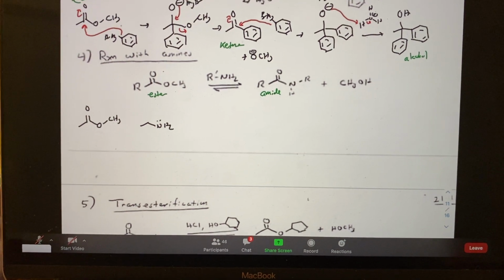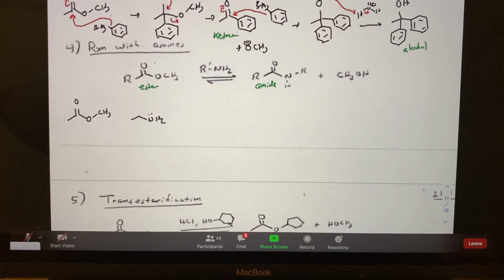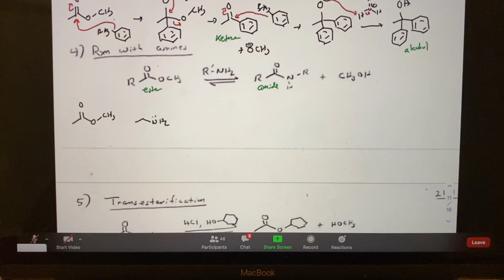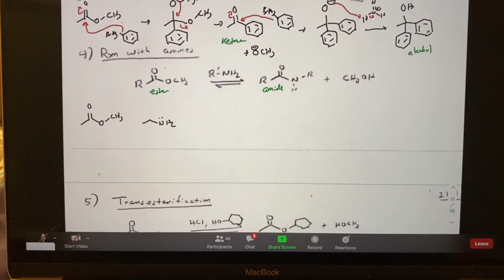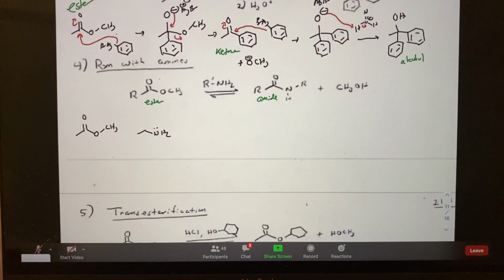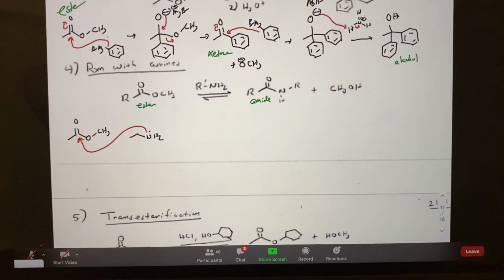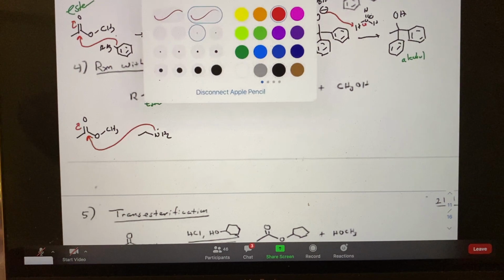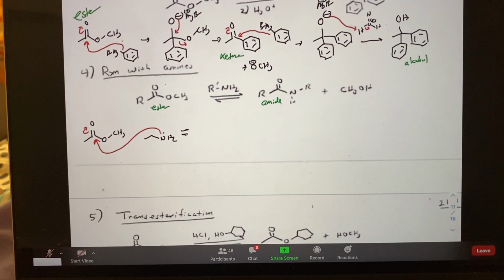Now we saw before that these amines are more nucleophilic than some of the alcohol-containing compounds like the alcohol or water. So they oftentimes will react without the presence of added acid. So let's just have this act as a nucleophile, attack.